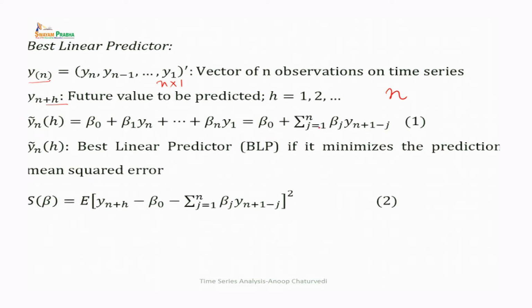For j equal to 1 you get beta 1 y n, the first term, for j equal to 2 you get beta 2 y n minus 1 and so on. For j equal to n you get beta n y n plus 1 minus n, so you get y 1, the last term.